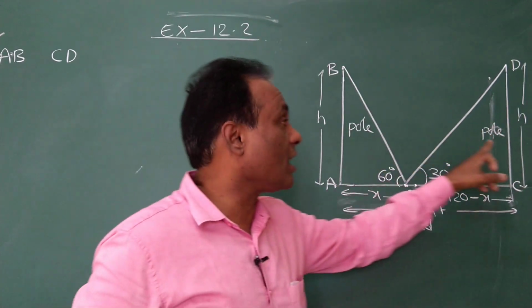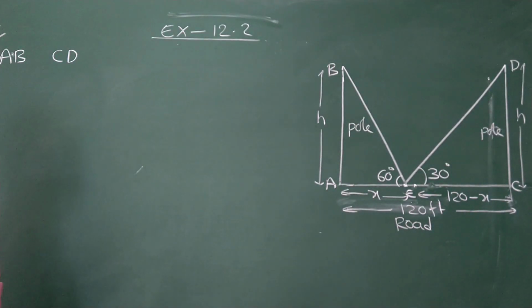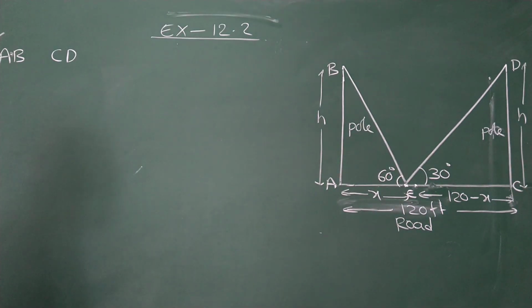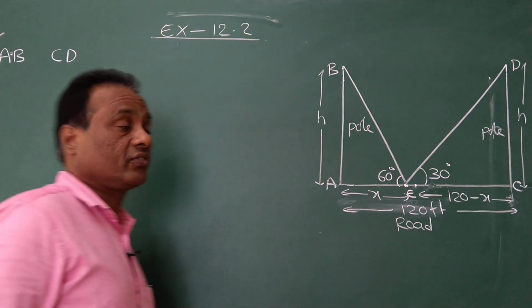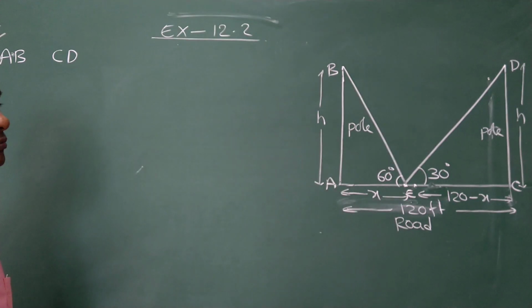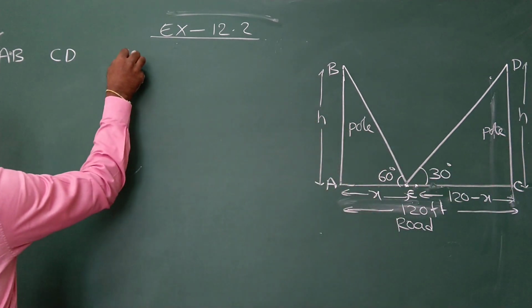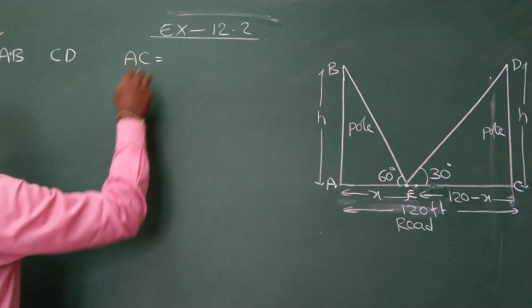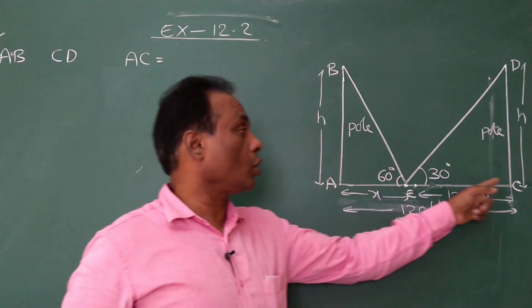Let AB, CD be the poles. Let AC be the road.